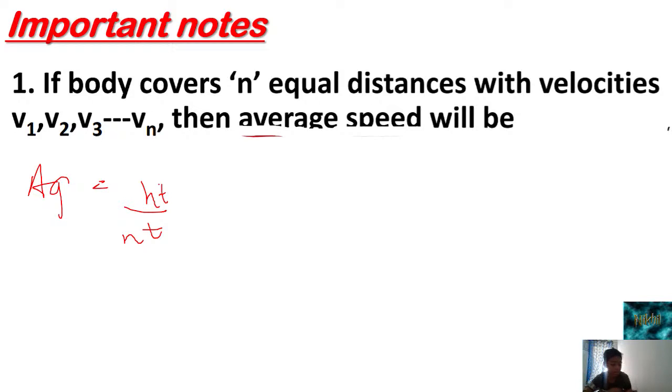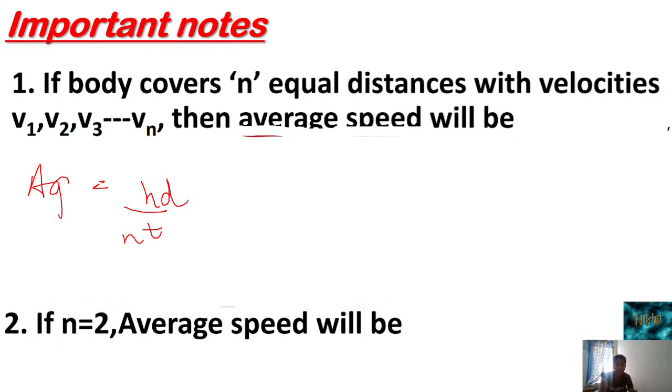So write nd by nt. Now if n is equal to 2, then it will be simply 2v1v2 upon v1 plus v2.